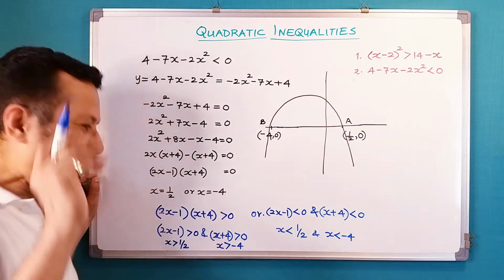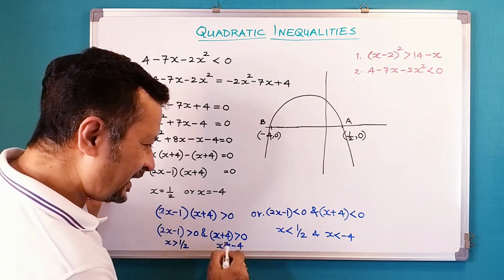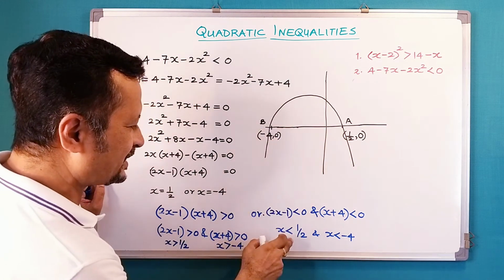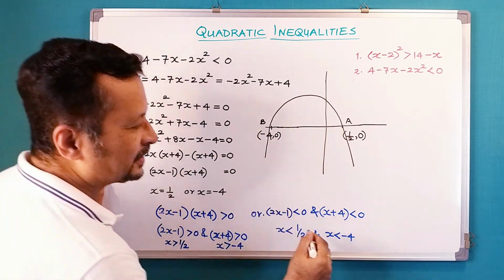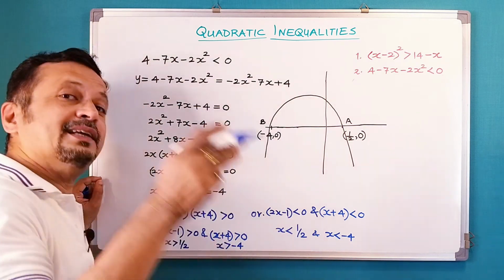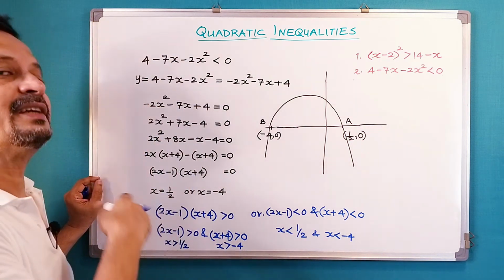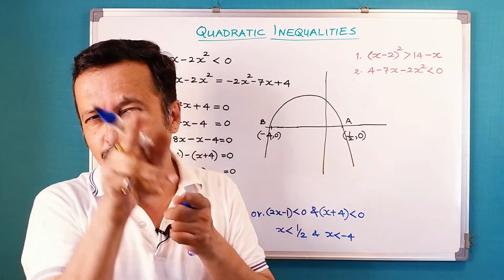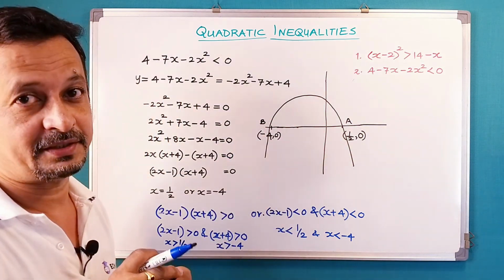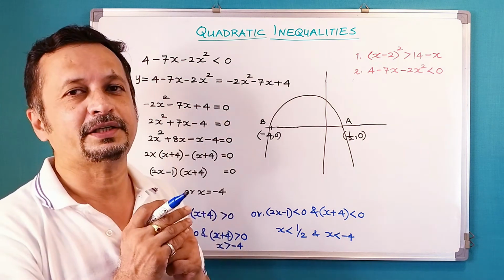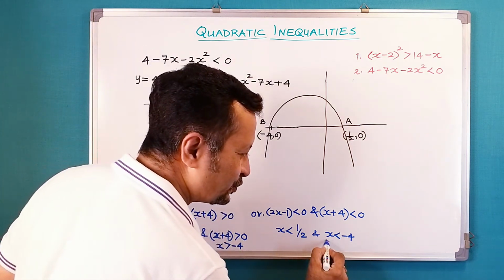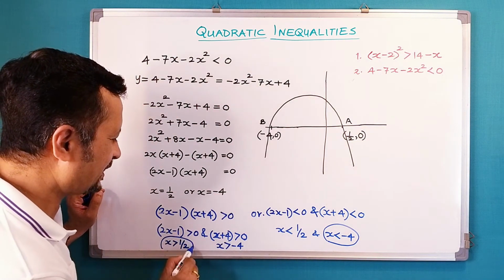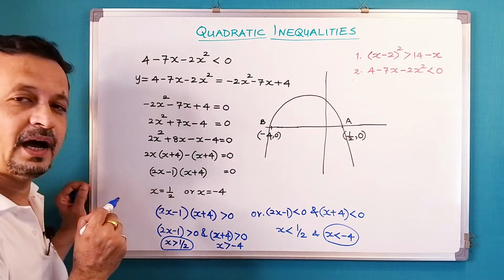Now if you consider x greater than minus 4 and x less than half, these are the two values, but the most logical values are x less than minus 4 and x greater than half, because the values between minus 4 and half do not satisfy the given inequality, correct? So I choose x less than minus 4 and x greater than half.